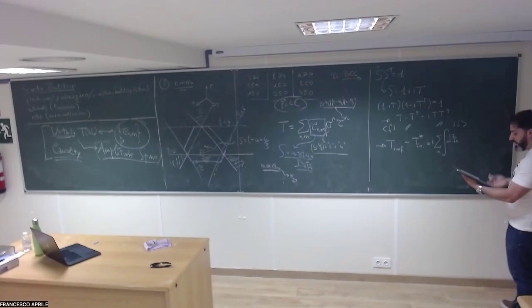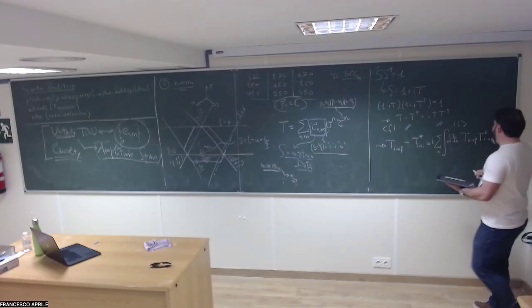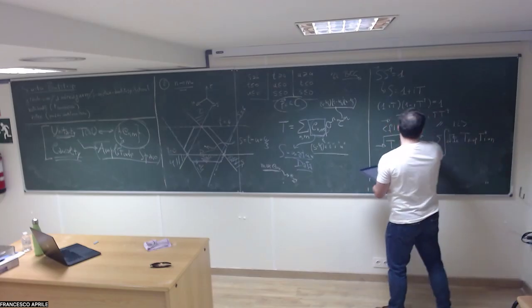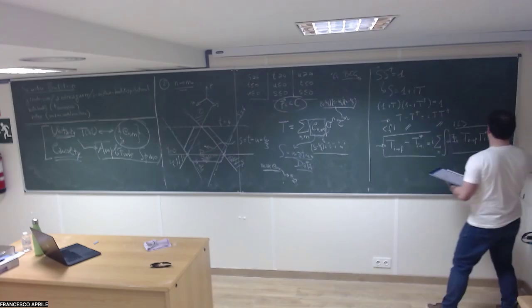Then you have T of E going to X, and then T star of F going to X. And this is the most general unitarity equation.